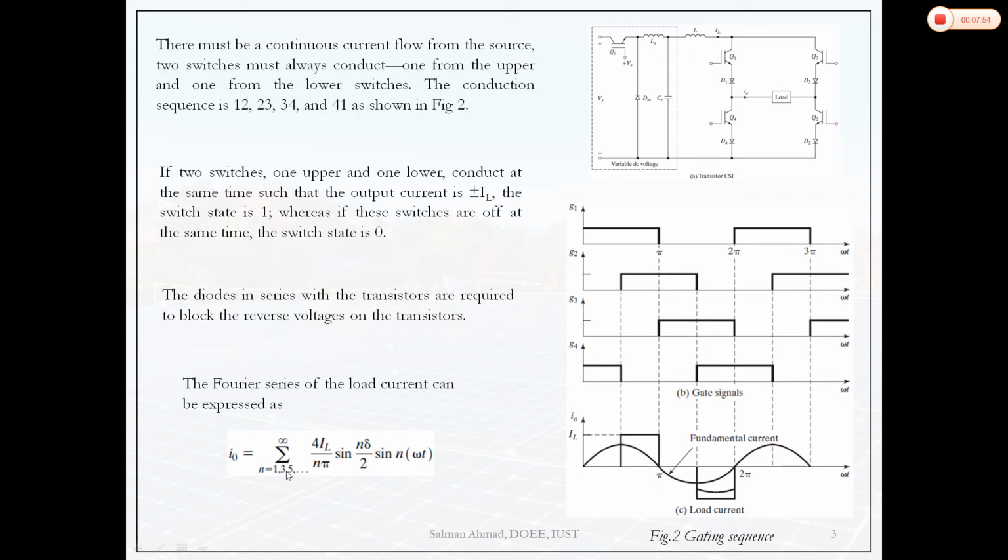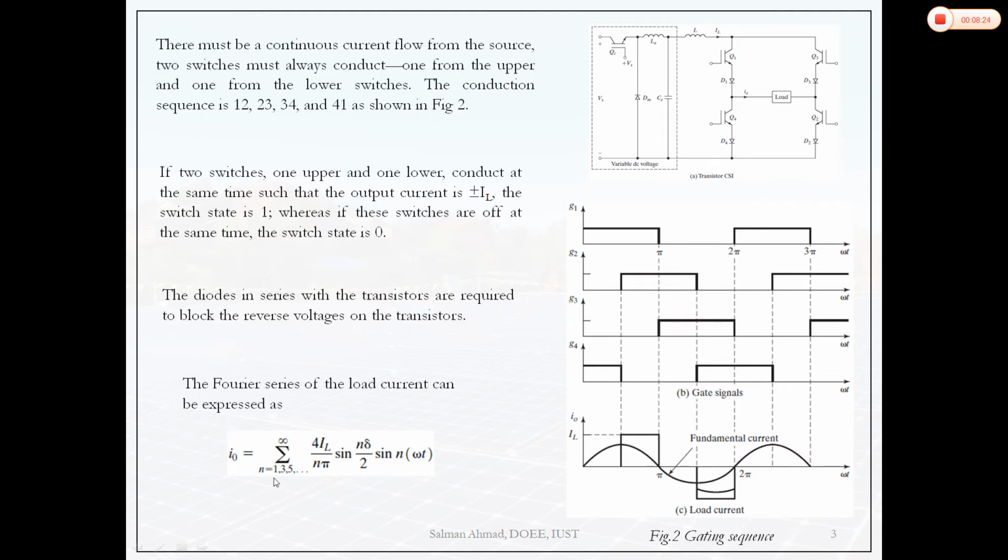Again you see here that this output has even wave symmetry, so the positive half area will be equal to the negative half area. That means the DC component will be 0, and there will be no even harmonics in the output waveform. So here we have only odd harmonics. If we substitute n equal to 1, n equal to 3, n equal to 5, we will get the respective components of the current.